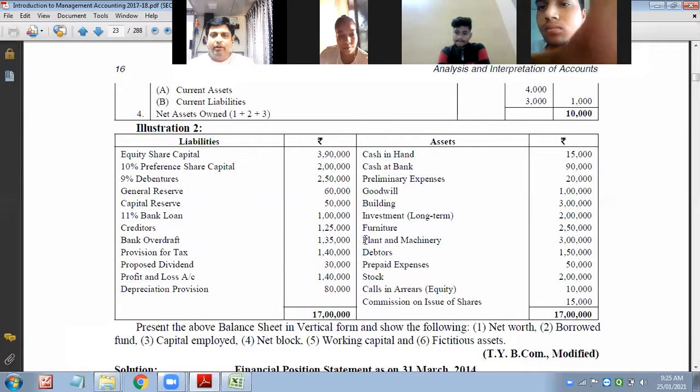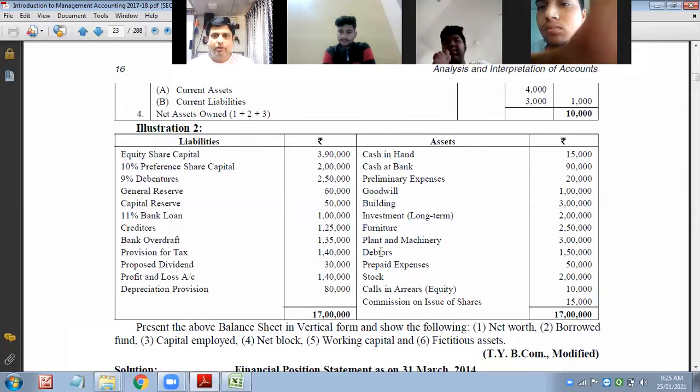Then furniture, fixed asset, tangible asset. Plant and machinery, fixed asset, tangible asset. Very good. Then debtors, current asset, quick. Prepaid expense, current asset, non-quick.